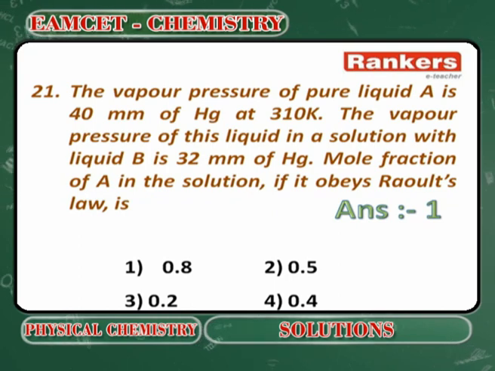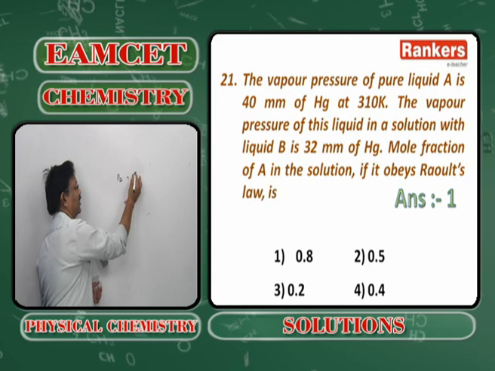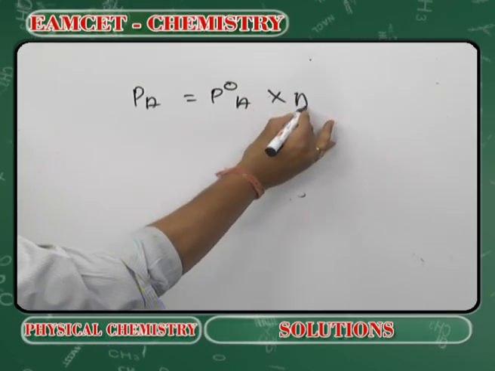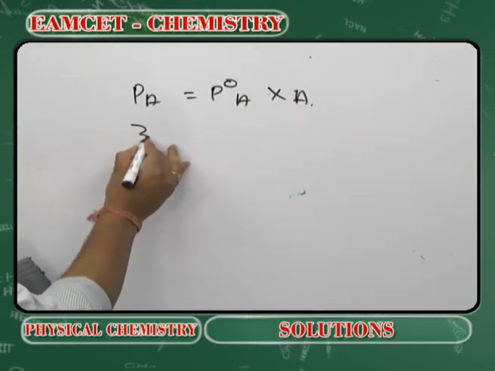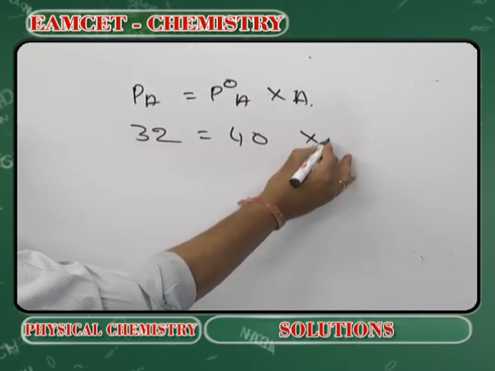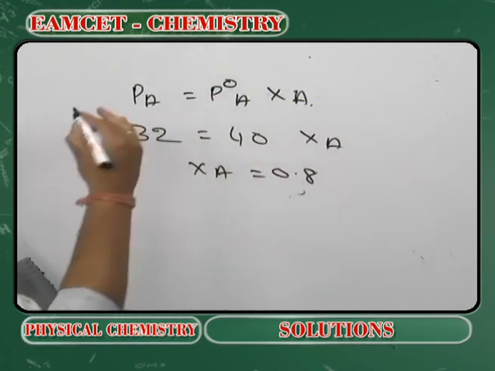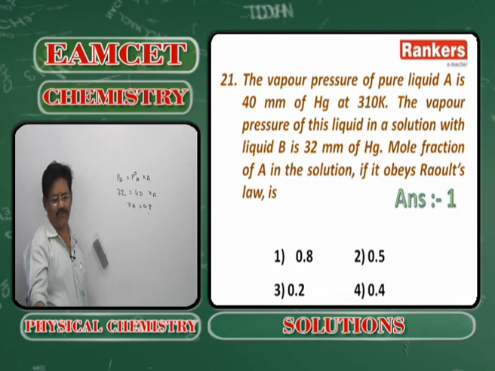The simple logic is, PA will be equal to P naught A into XA. What is PA? 32. What is P naught A? 40, into XA. So XA is equal to 0.8.